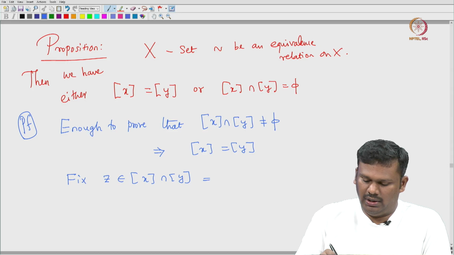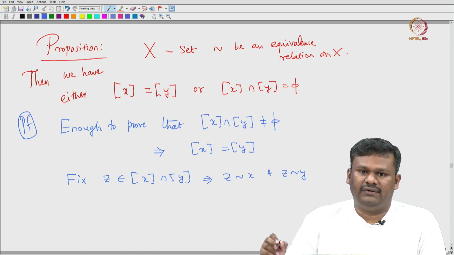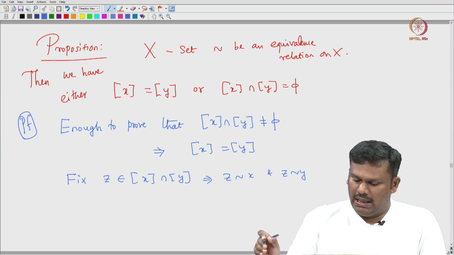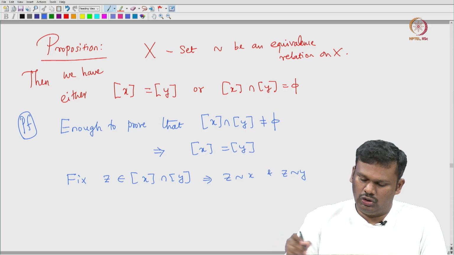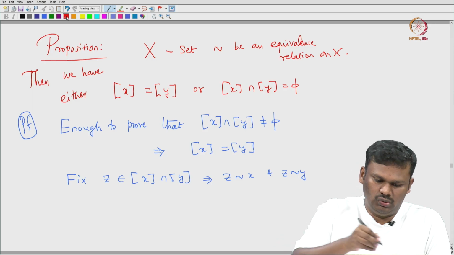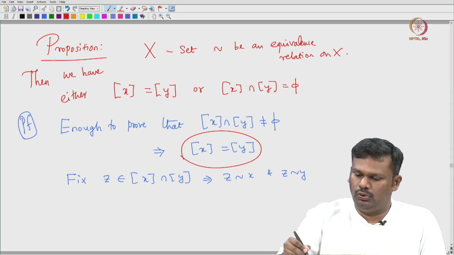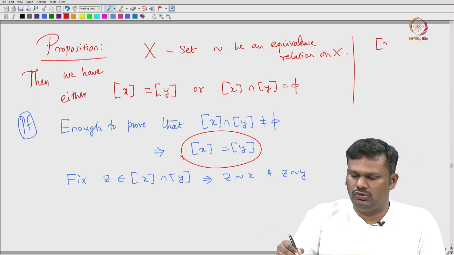That implies that Z is related to X and Z is related to Y. Note that we have the reflexive, symmetric and transitive properties. Now we want to prove these two sets are equal, so we need to prove that one set is contained in the other and vice versa.